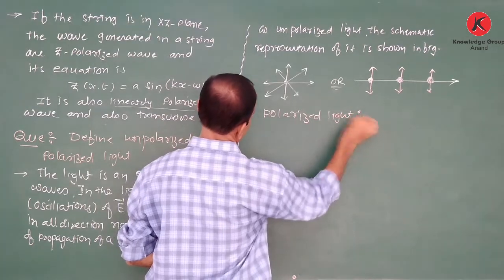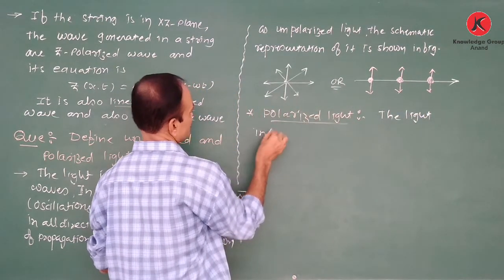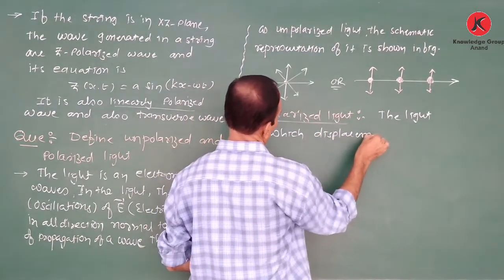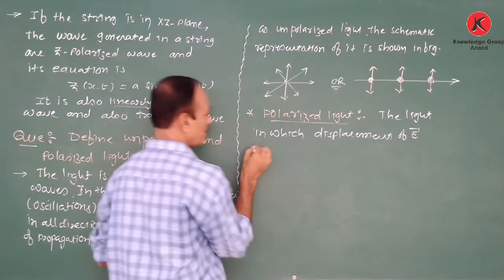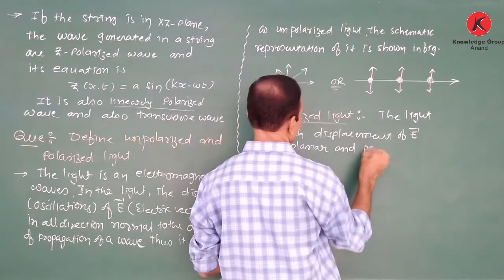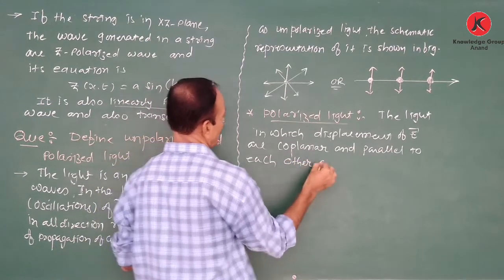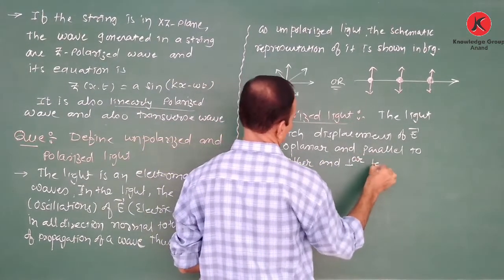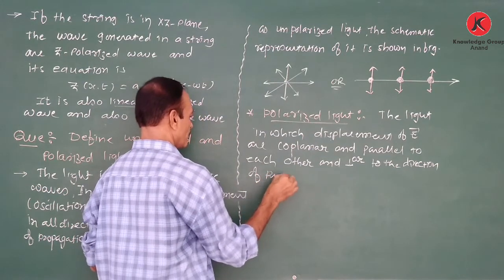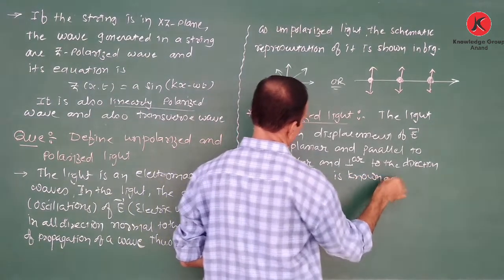Polarized light: the light in which the displacement of E is coplanar and parallel to each other, and perpendicular to the direction of propagation, is known as polarized light.